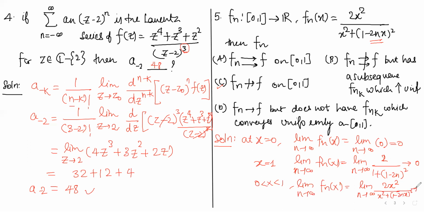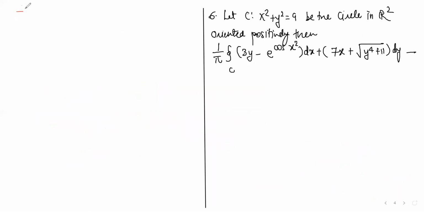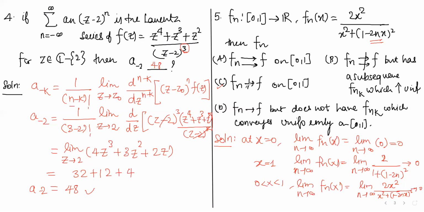So this again tends to 0. That means we have a limit function. That means my f of x is 0 for all x belonging to 0 to 1. This implies that fn converges to f pointwise. Okay, so it is guaranteed that fn converges pointwise. So simply this option is incorrect.